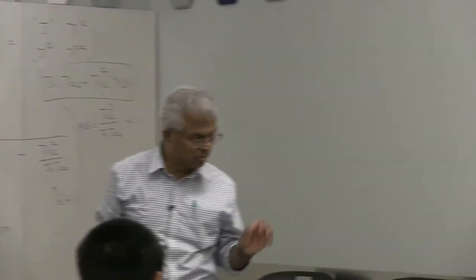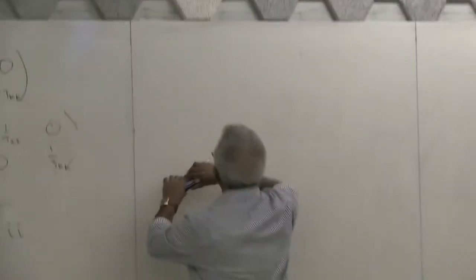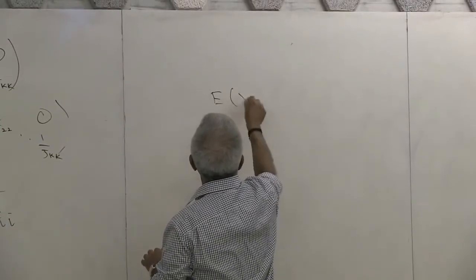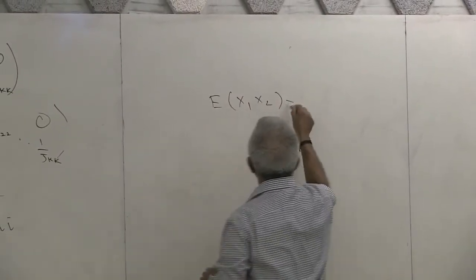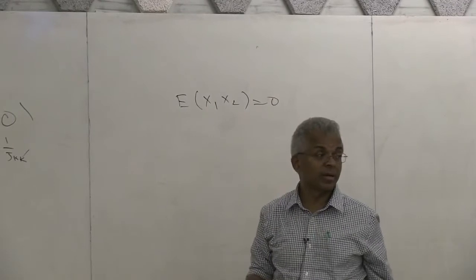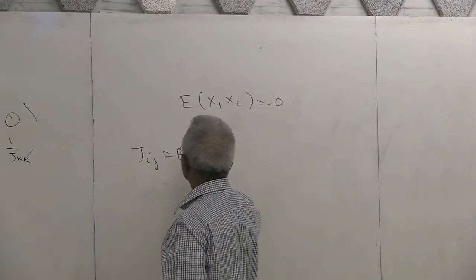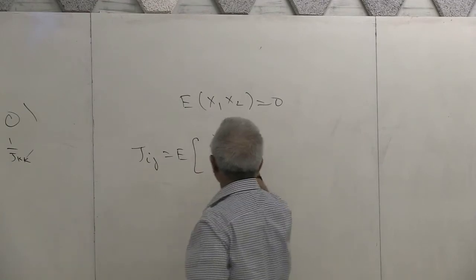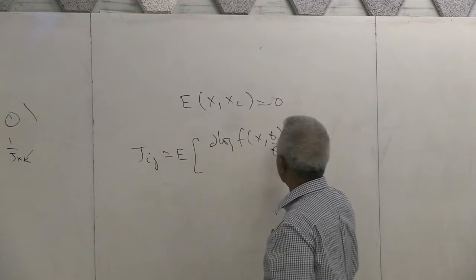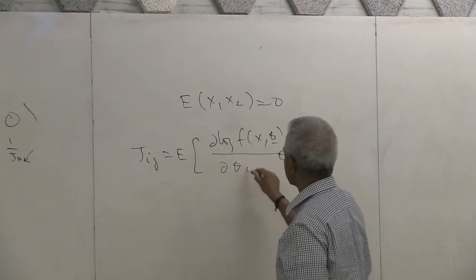What did you mean? The estimators are independent? If they are independent, this one will be 2, 0. All right, this is what he is saying. It doesn't have to be independent, right? This is not an independence condition; this means they are uncorrelated, right? What he is saying is the following: if Jij, I guess this is what you are saying.